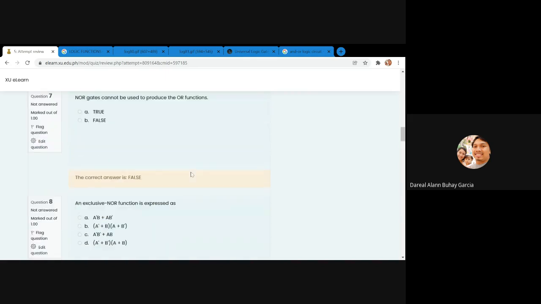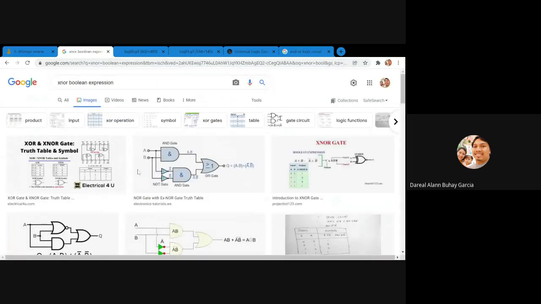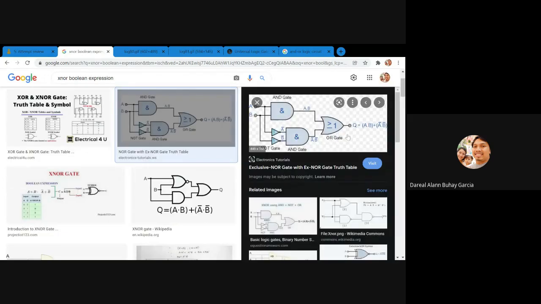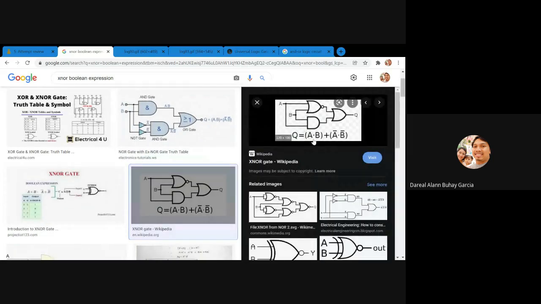An exclusive NOR function is expressed as... A and B or A prime and B prime.